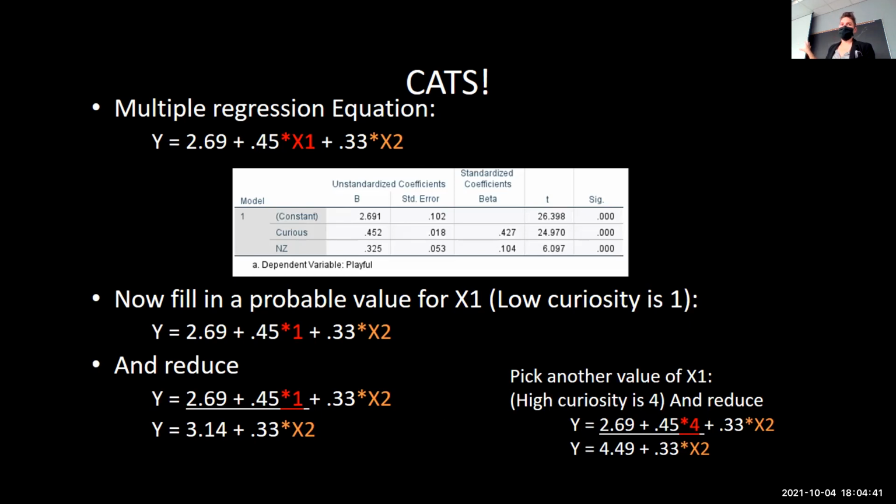So I know that a low value of curiosity is 1, because the scores are 1 to 7 on all of these items. So a low is 1, so I plug in 1 to get my expected y for when curiosity is low. You can also pick another value and plug it in.